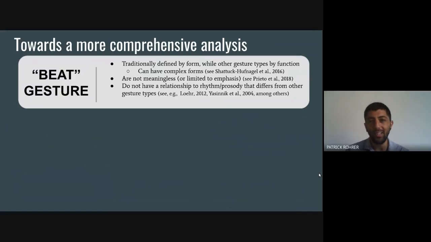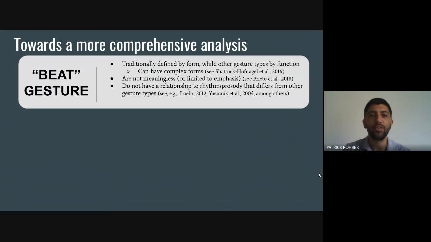And the term beat itself we find problematic because, of course, this sort of implies that there's a very particular relationship with rhythm and prosody that's different from the other gesture types. But in fact, we know that not all beat gestures are related to rhythm and prosody, and we also know that all other gestures are related to rhythm and prosody at very similar rates.